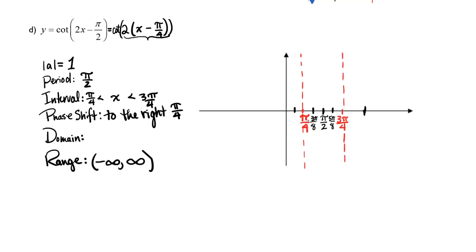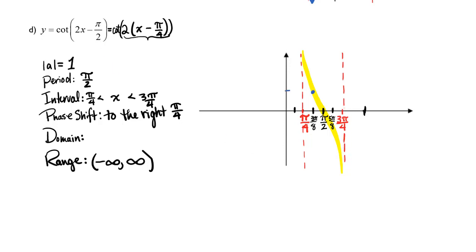I've gone ahead and quartered off my interval. I have pi over 4 as my asymptote, 3 pi over 8, pi over 2, 5 pi over 8, and 3 pi over 4. I know that the cotangent function does something like this. Starting at the top left, crossing over the x-axis, and heading toward negative infinity as it approaches 3 pi over 4.